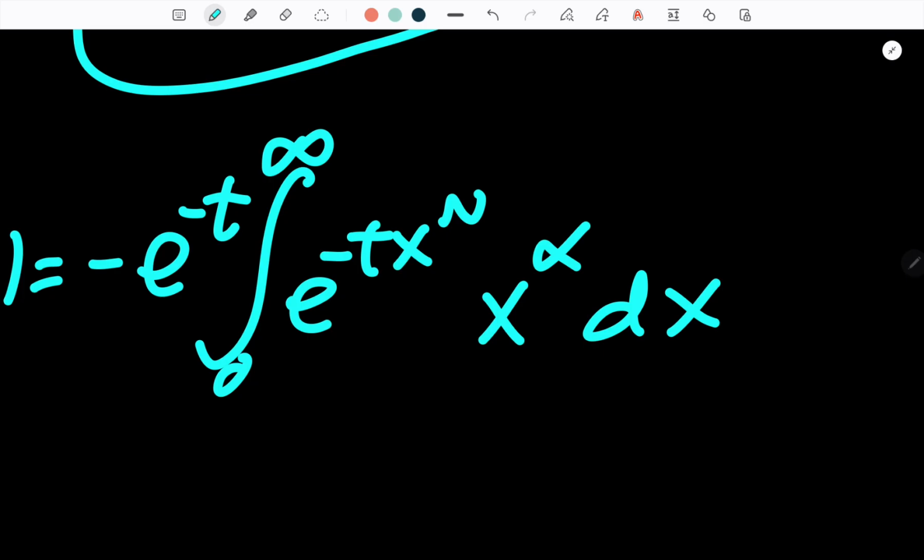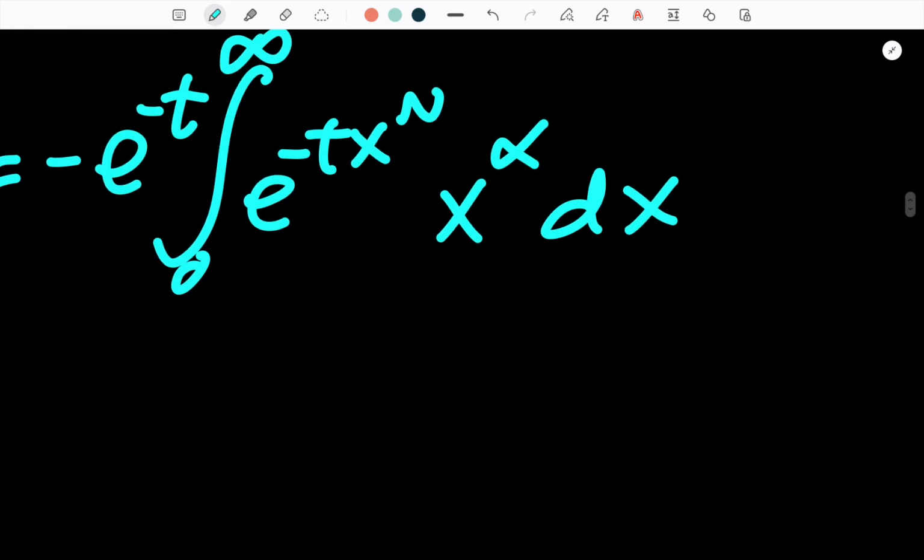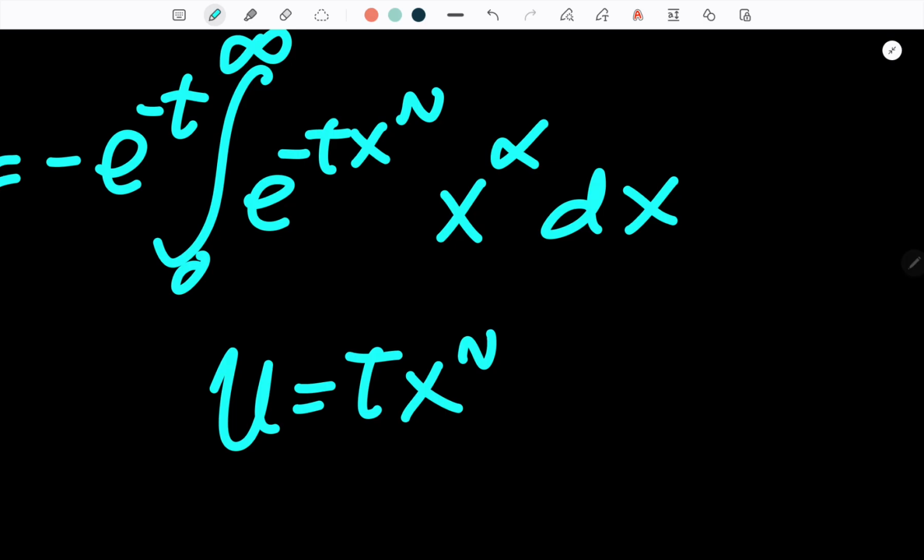It is now U substitution time. Absolutely. Yes, U substitution. Let's do it. All right. Now, let's take u to be equal to t times x to the n.